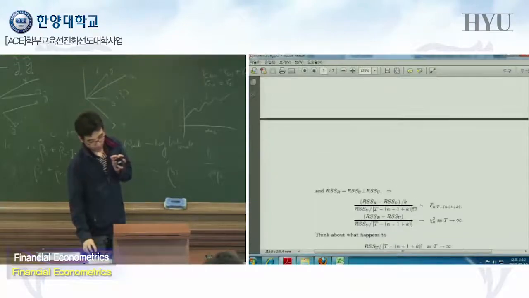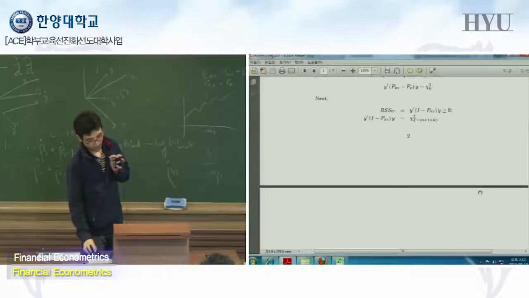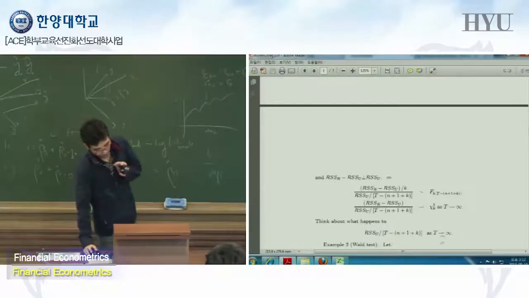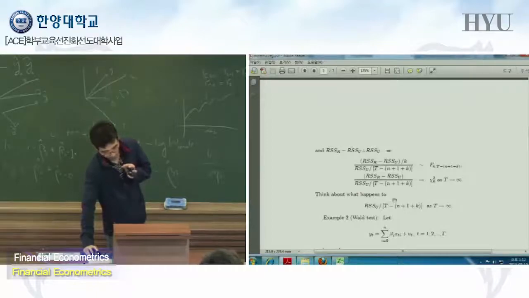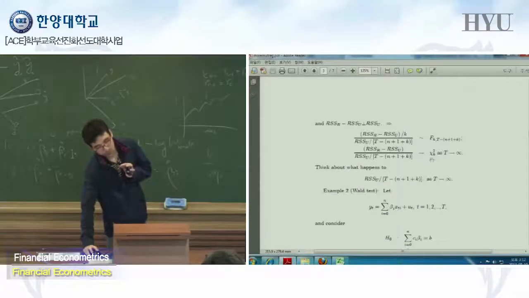Once we can set this F distribution, I can explain the rest later. So this is an F distribution, and if we have enough samples, as we learned, it should become a chi-square distribution.